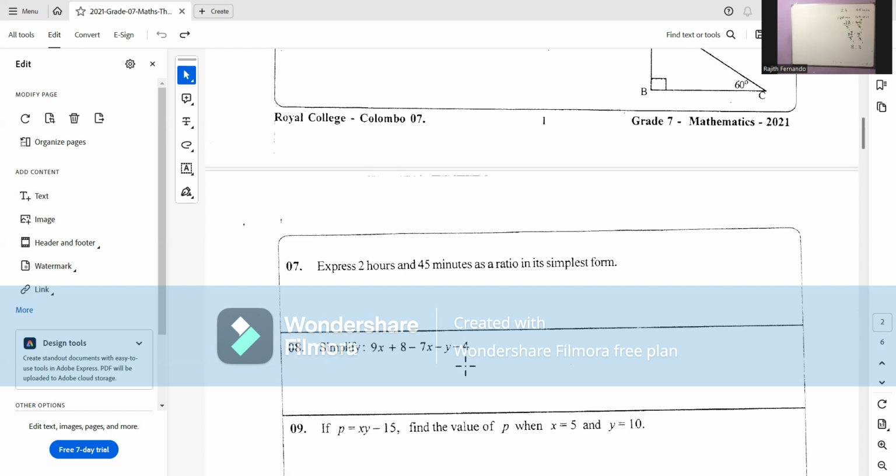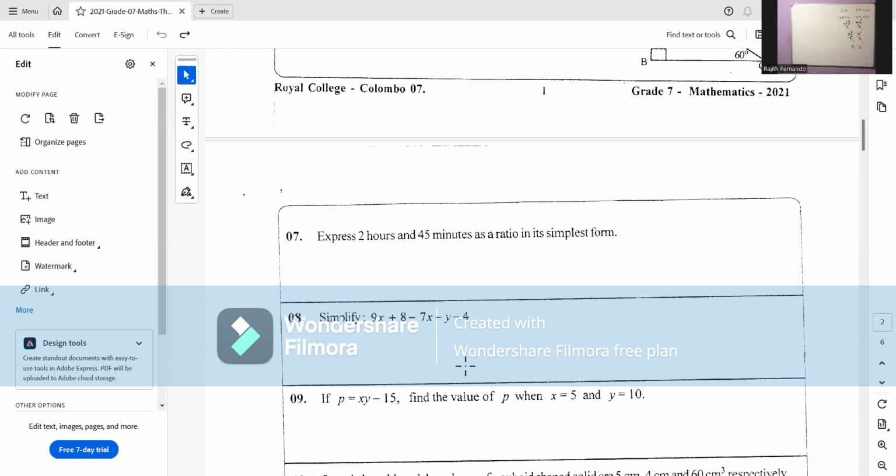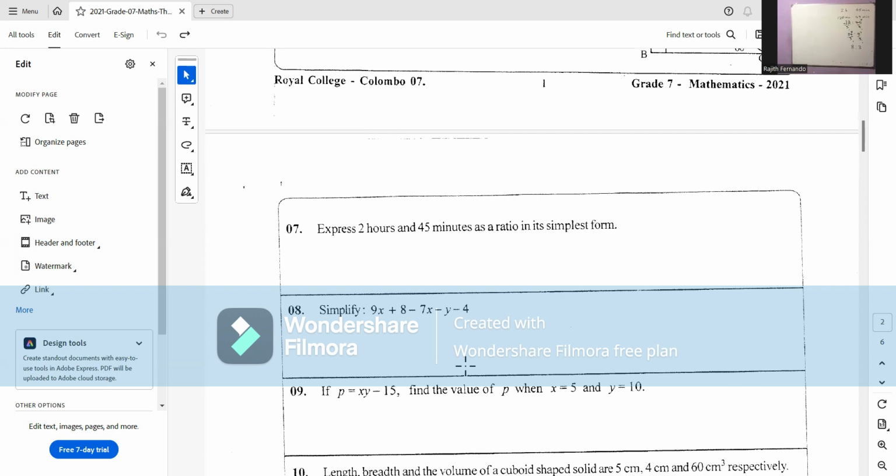Next one is simplify 9x plus 8 minus 7x minus y minus 4.